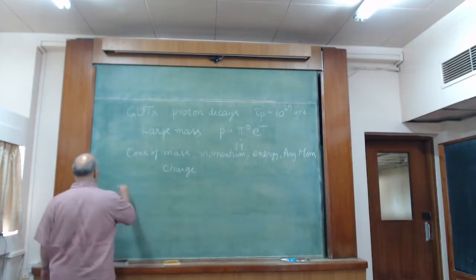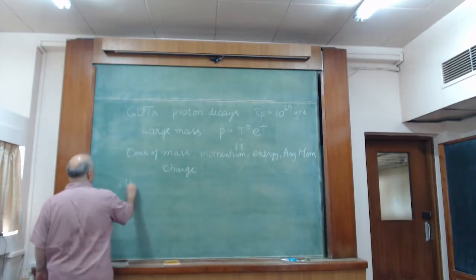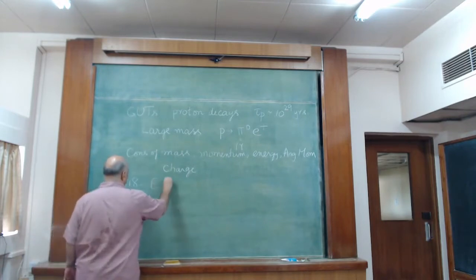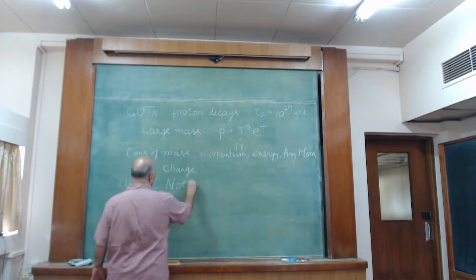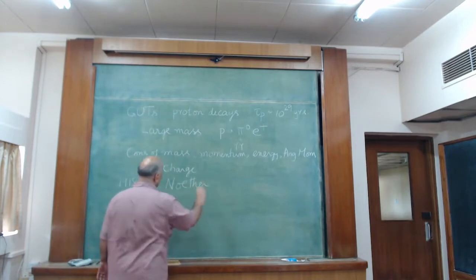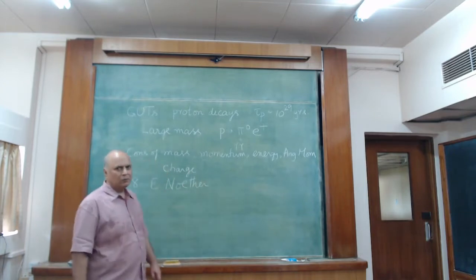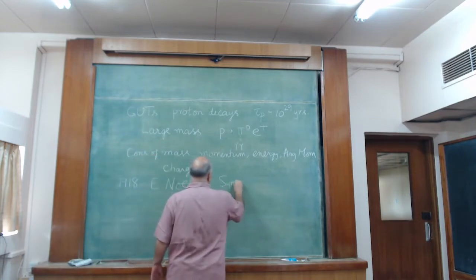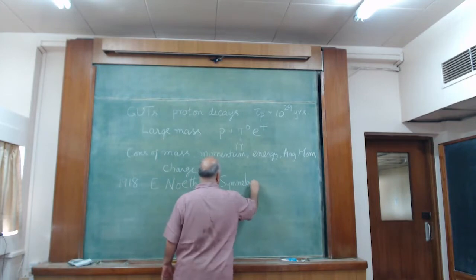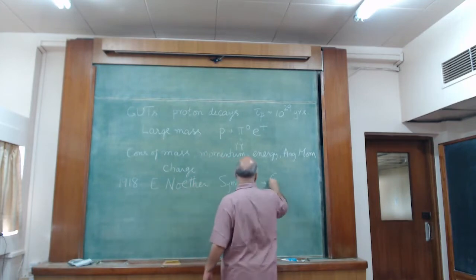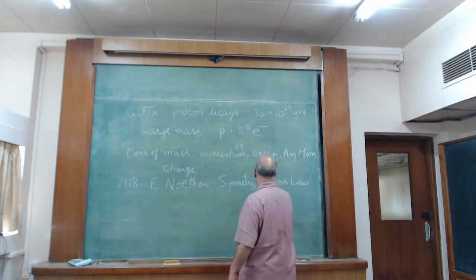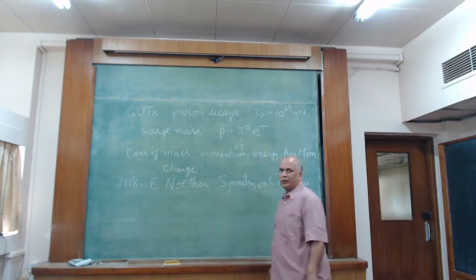And around 1918 or so, Emmy Noether proved a theorem which says that for every symmetry there is a conservation law, and for every conservation law there is a symmetry.